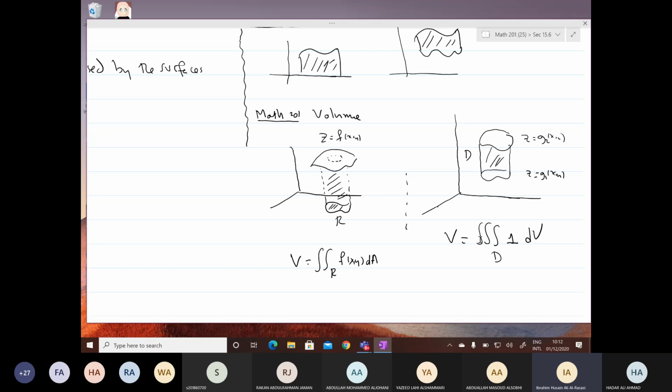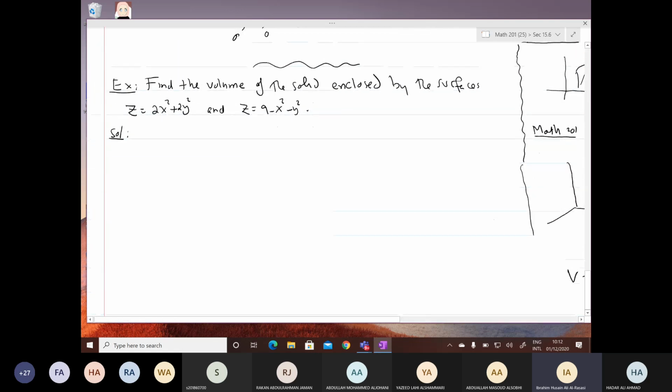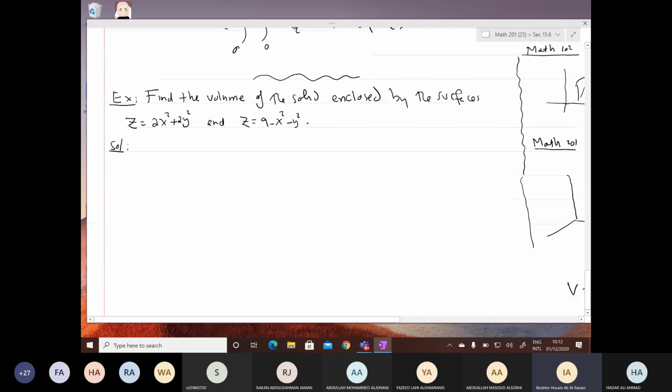Now we go to our example. Find the volume of the solid enclosed by the surfaces. As usual, the first thing is to sketch the solid. This is x, this is y, and this is z. You have basic graphs.